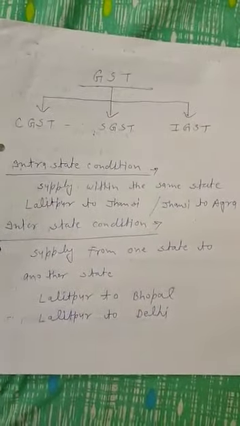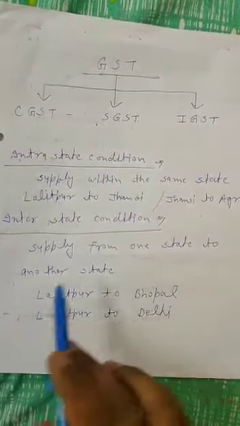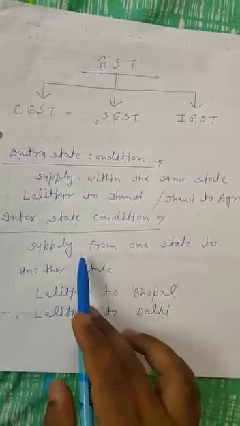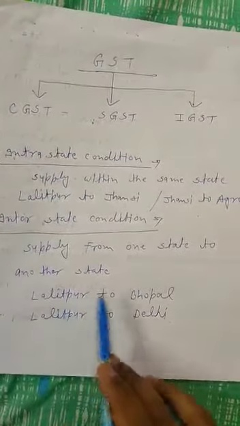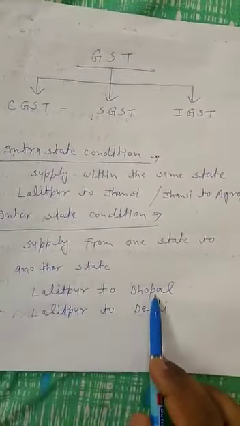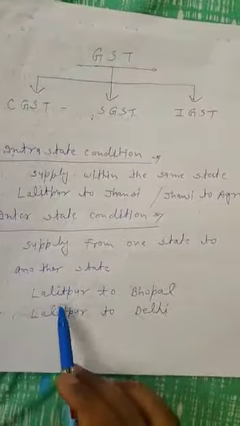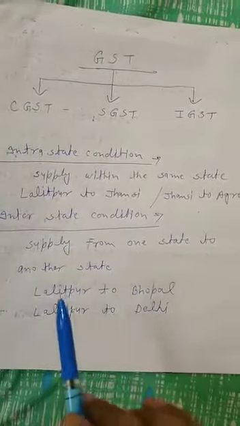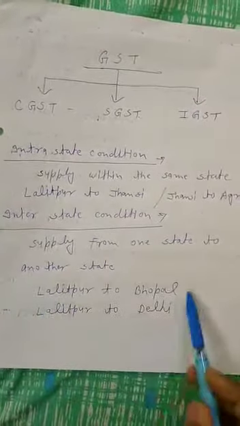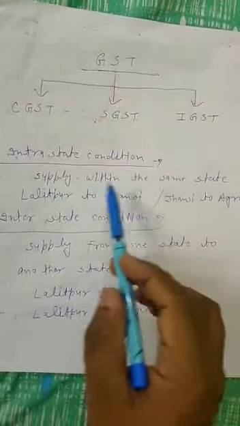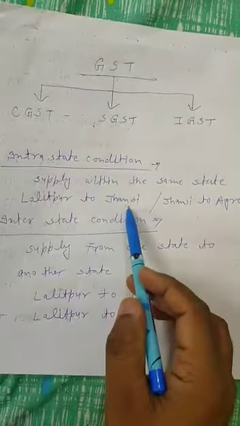Then the intra-state condition applies. And the interstate condition is supply from one state to another state. Means if any product or service is supplied to another state, like Lalitpur to Bhopal, Lalitpur in UP and Bhopal in MP, or Lalitpur in UP and Delhi, another state. Means any product or service supplied to a different state, then the interstate condition follows. If the product and services are supplied in the same state, then it is the intra-state condition.